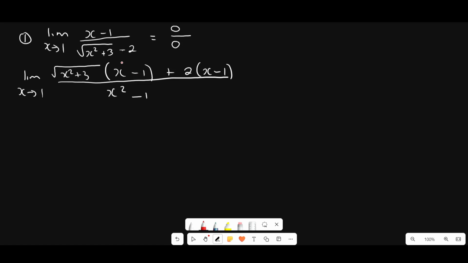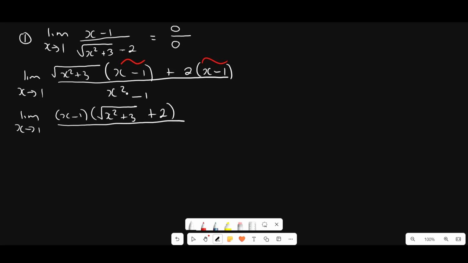I can see that this here is common with that one there, so it's a common factor, therefore I'll say the limit as x approaches 1. If I take out that common factor, it will be x minus 1. Then what is left is this part here, which is the square root of x squared plus 3 and then plus 2, all divided by, if you factorize the bottom part, x minus 1 and then x plus 1.